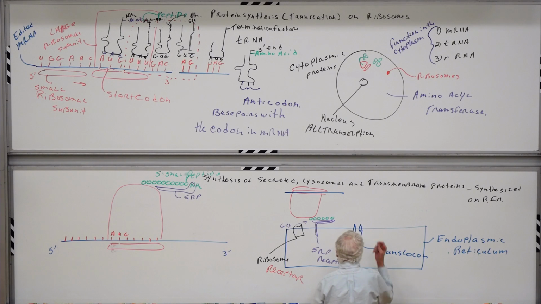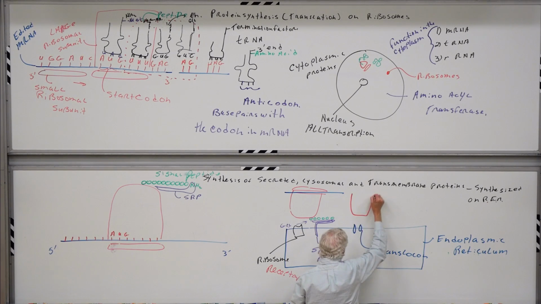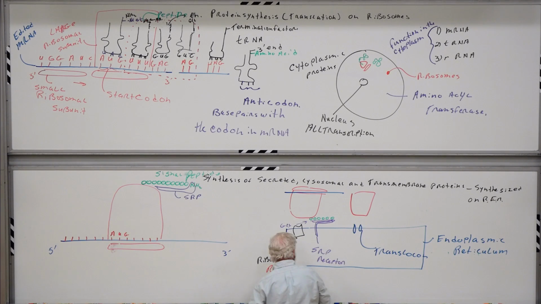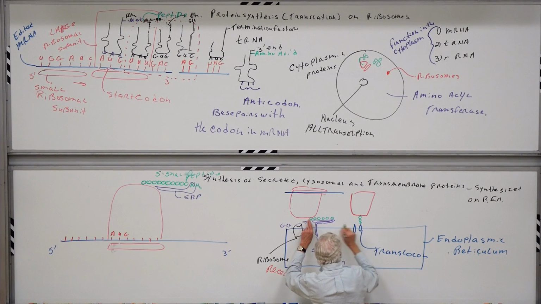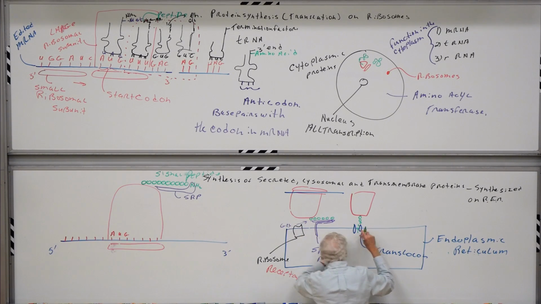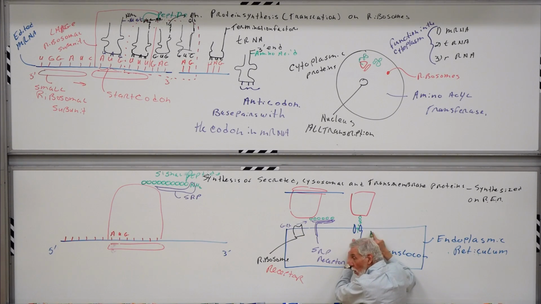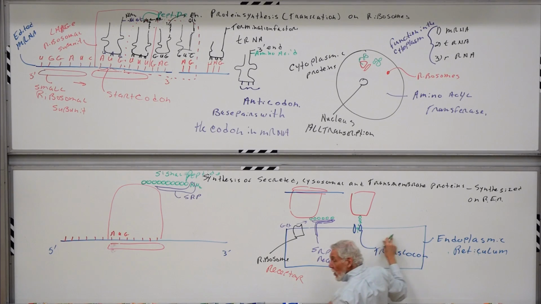And now what will happen is the large ribosomal subunit will hand off the hydrophobic amino acids that were attached to the guppy. Those are now handed off to the translocon. So hold on to that idea till next time, and next time we'll start synthesis again, and we'll feed that protein into the lumen of the ER.